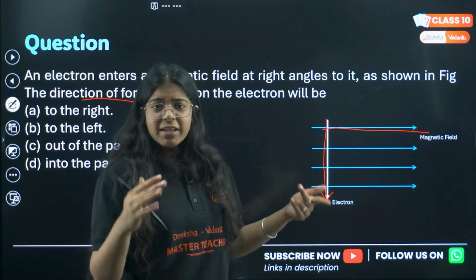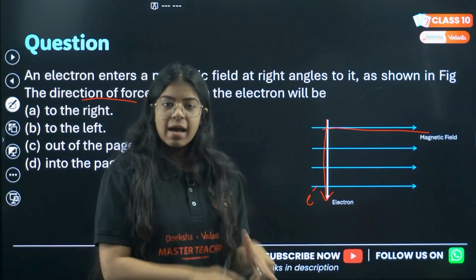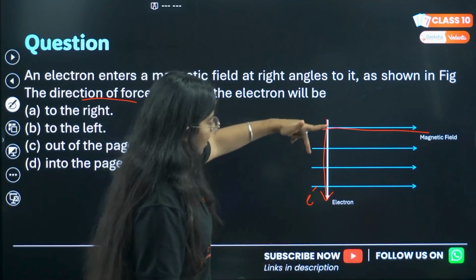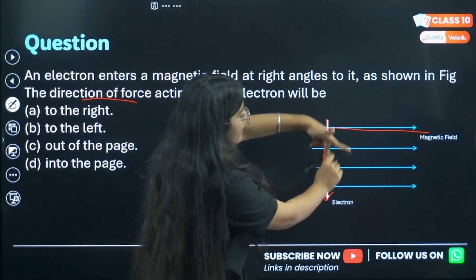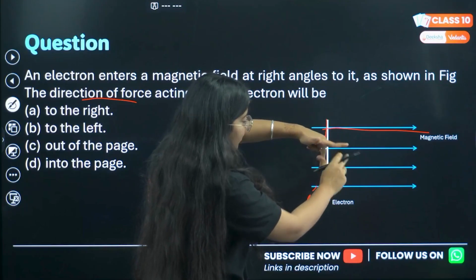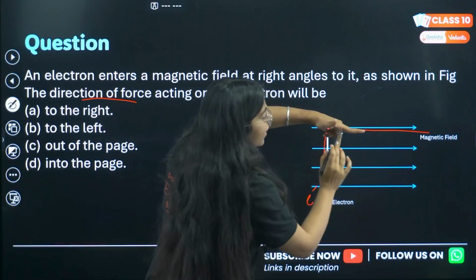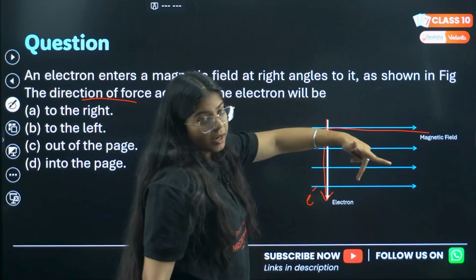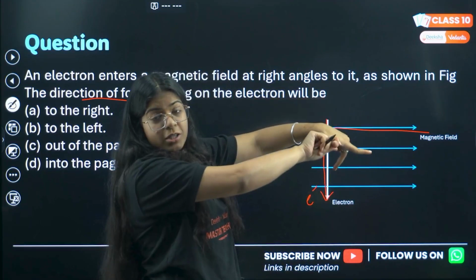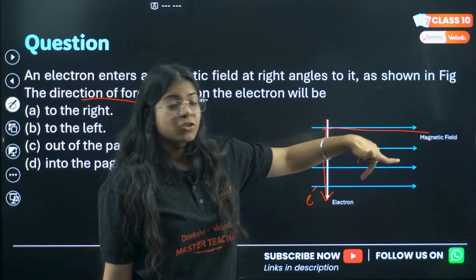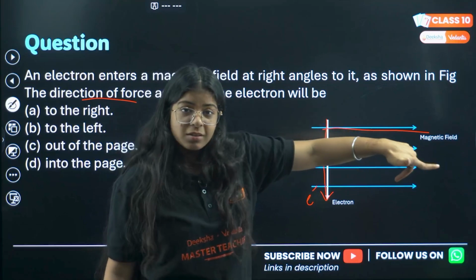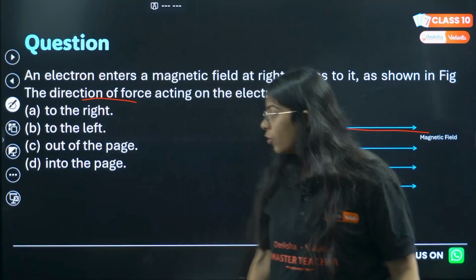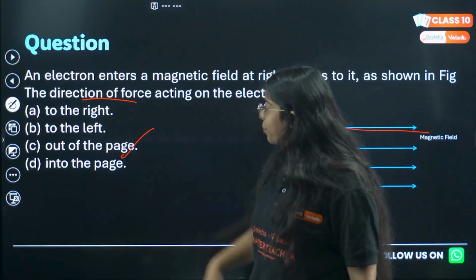So for now we can just take the direction of the electron as the direction of motion of charge. So this is my current or motion of charge. This is my magnetic field. The index finger gives the magnetic field, the middle finger gives the current. My thumb gives the direction of force, which is outwards, out of the page.